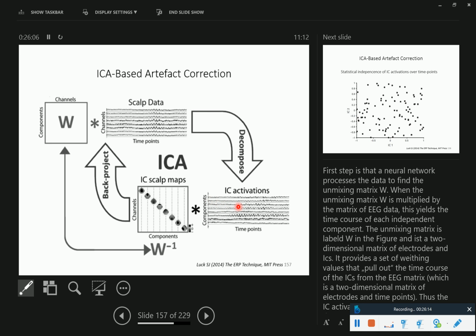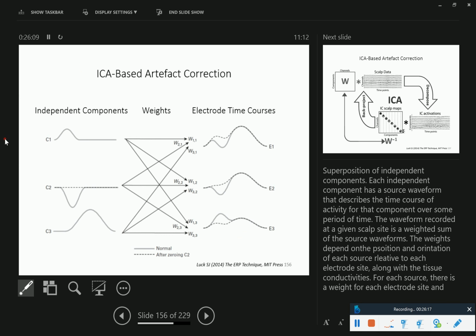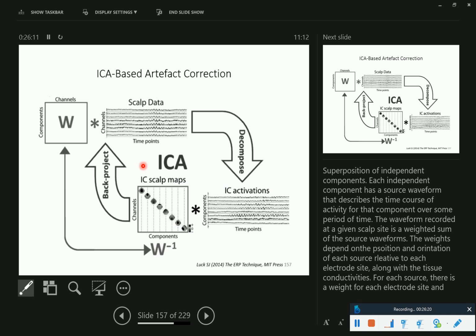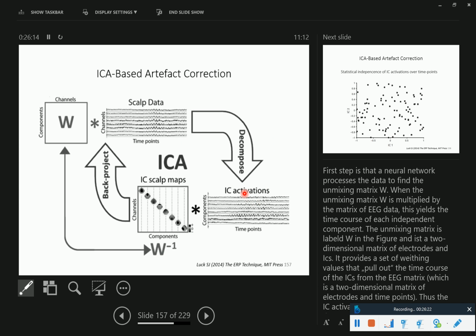These components, like in the slide before, have an evolution over time. They are, however, latent in the sense that they were never really observed, but if you multiply them with the weight matrix at each time point, so this little star here is supposed to mean a matrix multiplication, you would do row times column, and then you would get the first pattern here over channels, and then we repeat this for all time points.